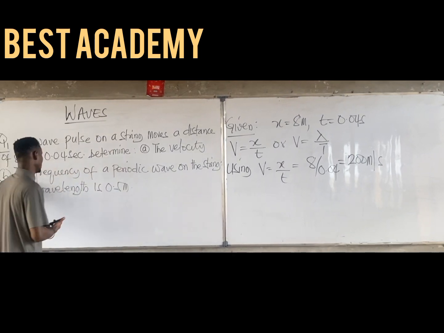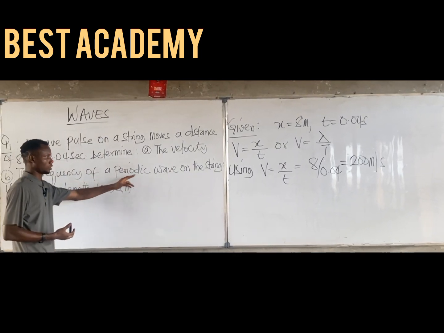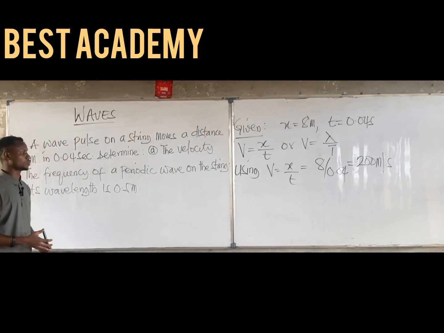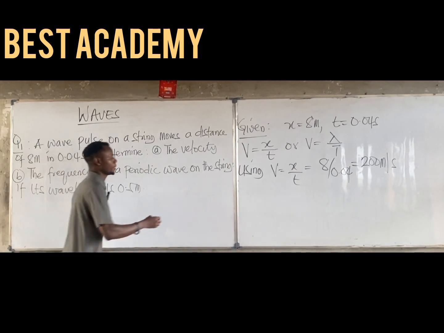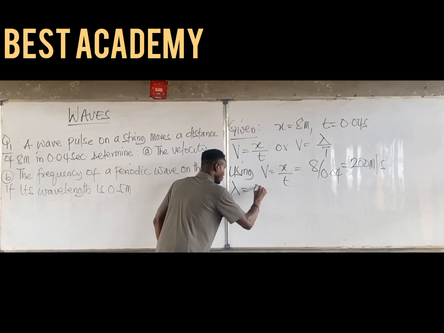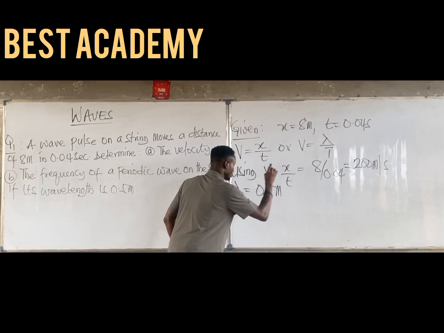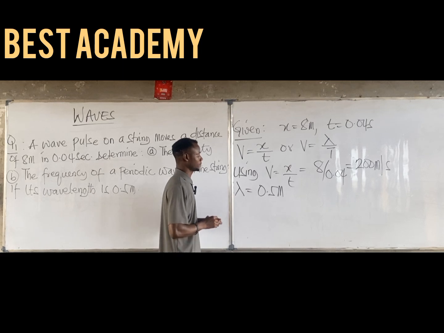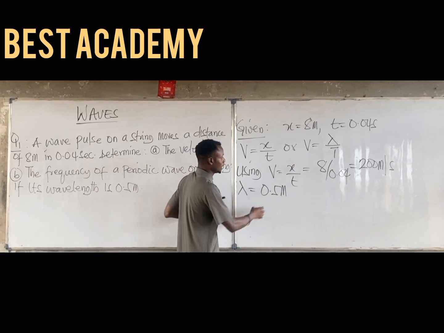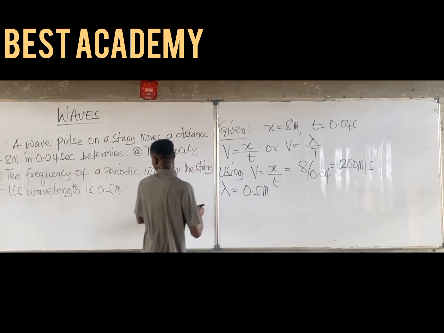The next question here, they said, find the frequency of a periodic wave on a string if its wavelength is 0.5 meters. Okay. Now, they gave us the condition that lambda is 0.5 meters. How do we solve this here? Since velocity is already given to us, and lambda is given to us, we are asked to find what?